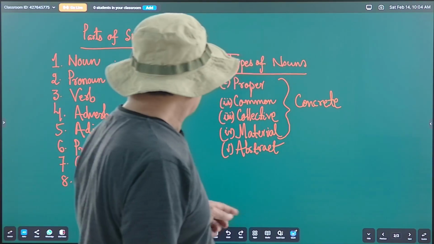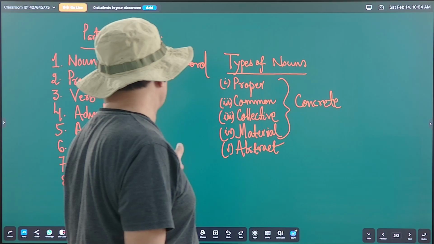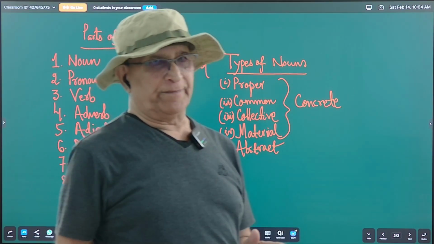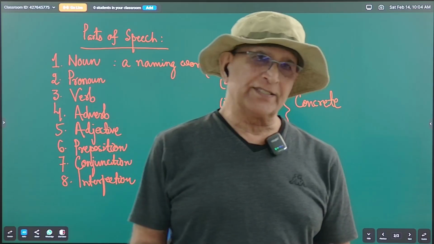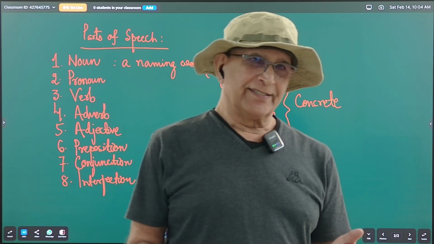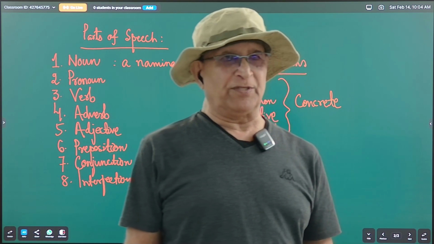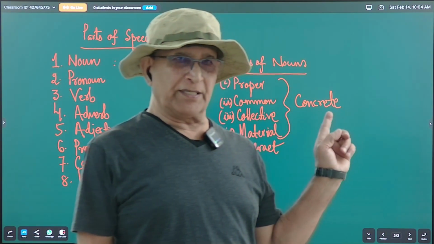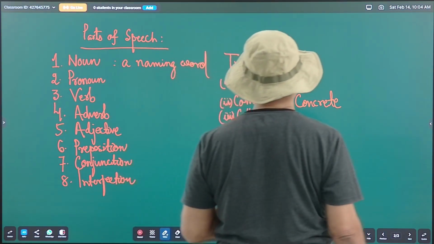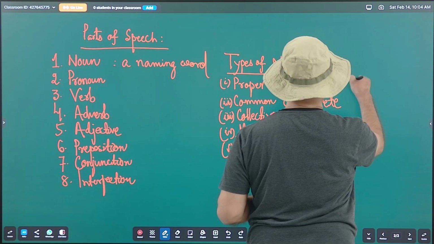I hope you have the idea about this proper, common, collective, material, abstract noun regarding types of noun. First, we know what is a noun. Noun is a naming word. And second, we came to know how many types of noun, these 5 types of noun, according to the classical grammarians. In modern English grammar, we have 3 types. What are these?